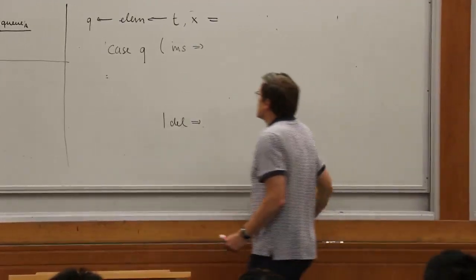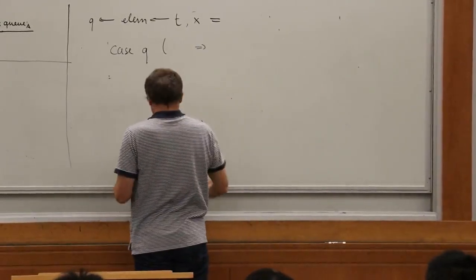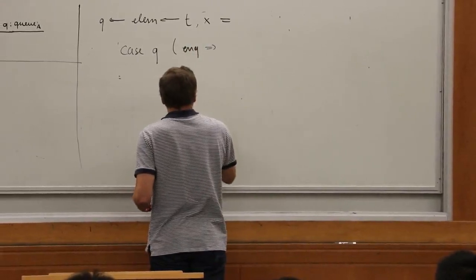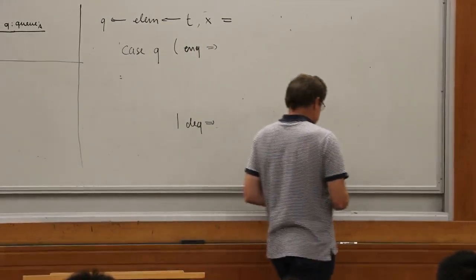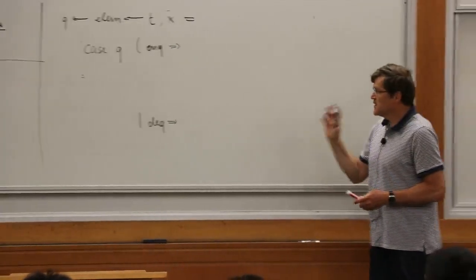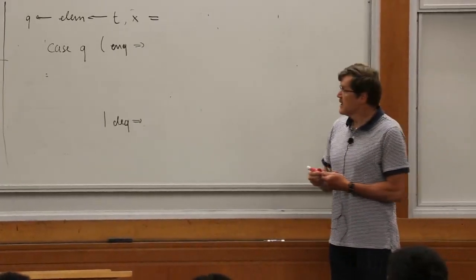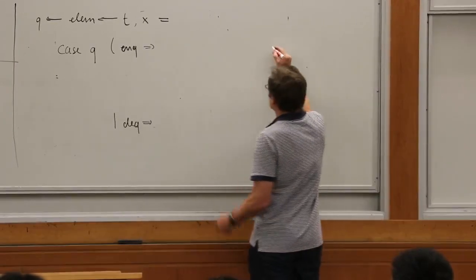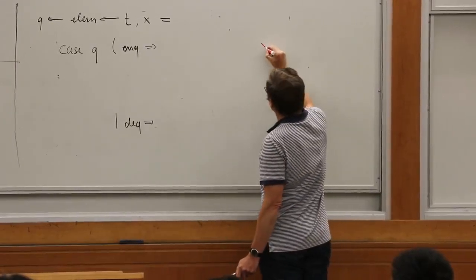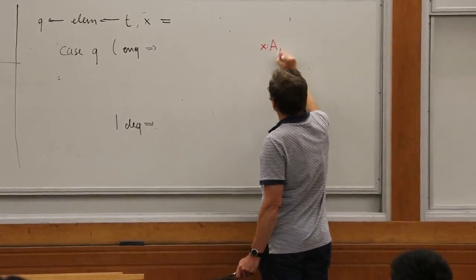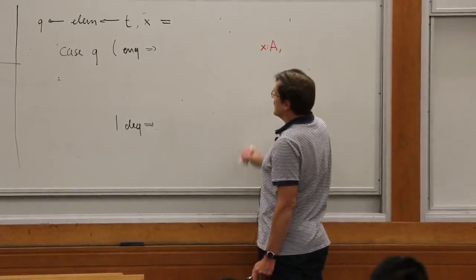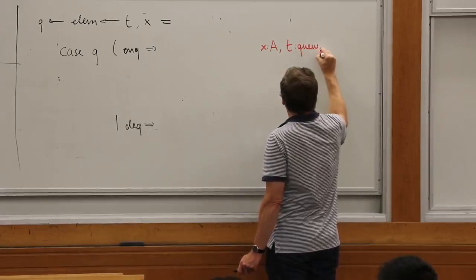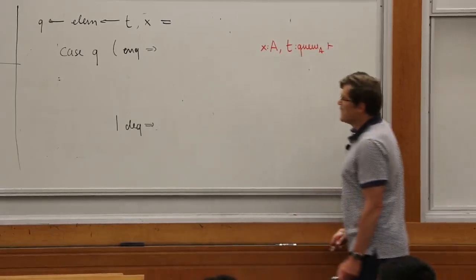Oh, sorry. Do we receive an NQ, or can we receive a DQ? Okay, let's write down what the type is. At this point in time, we have to write a process which has the following type. We still have X colon A in our context. We haven't touched T, so T is still a Q. And what's the type of the right-hand side?